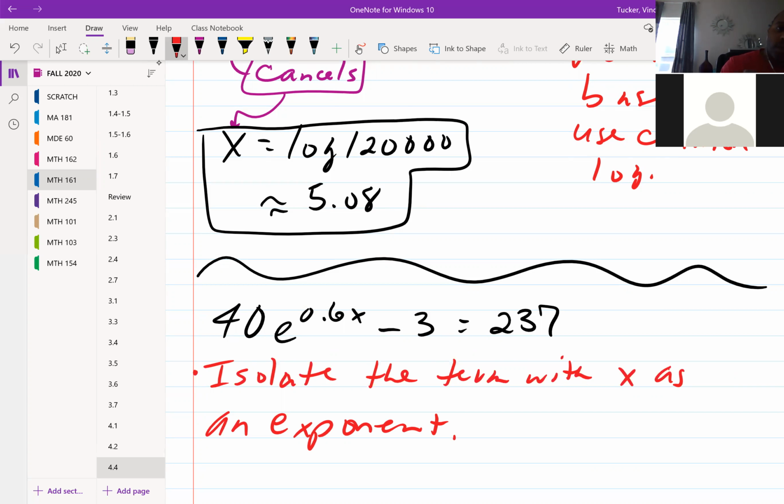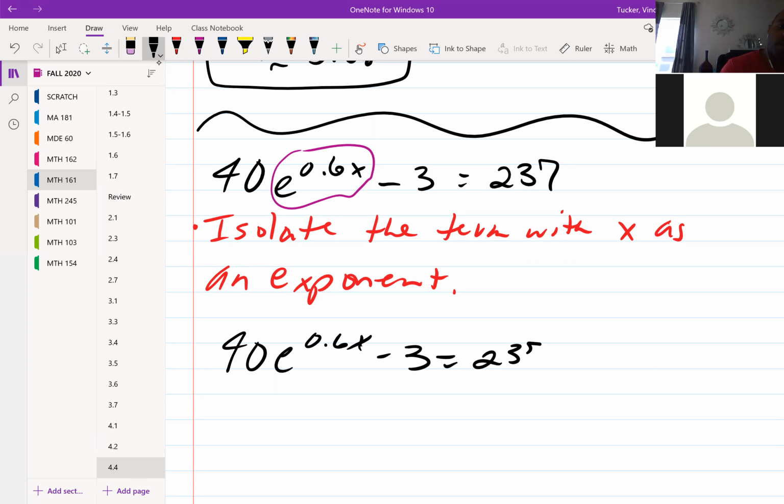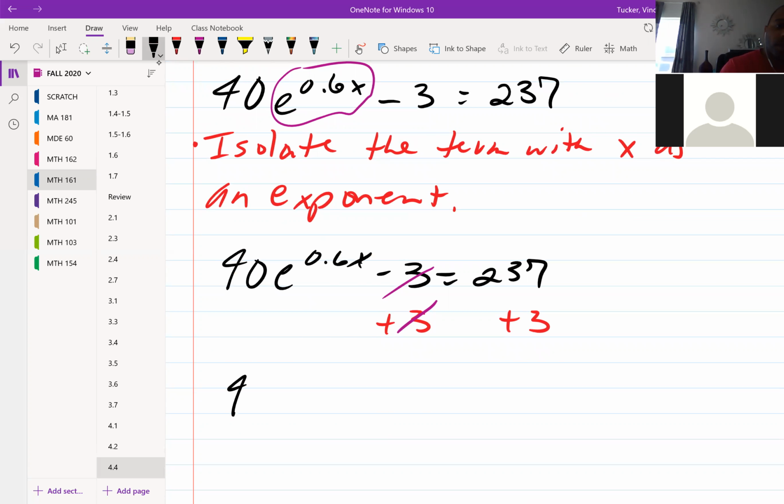So we're talking about this term right here. We want to get that by itself. So that's 40e to the 0.6x minus 3 equal to 237. First thing we'll do is add 3 to both sides. 40e to the 0.6x equal to 240.